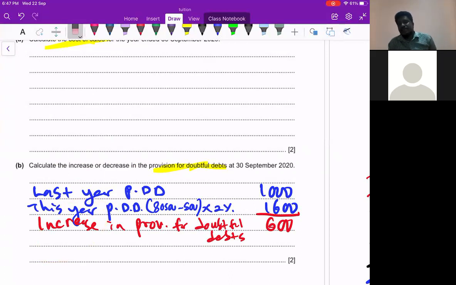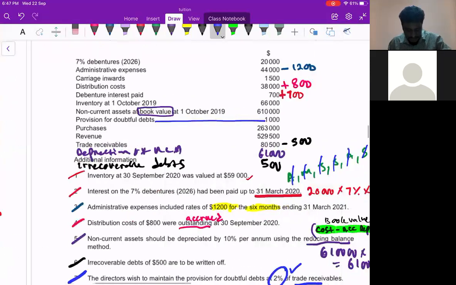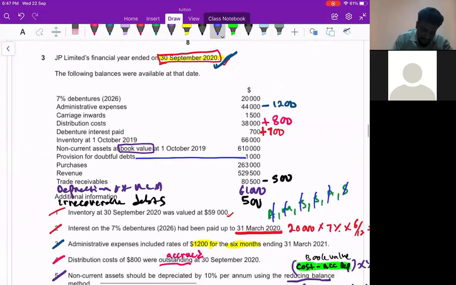Increase in PDD, 600. If there is an increase in PDD, it is your expense. So right here, increase in PDD, how much? 600. If you didn't write here, later you forget. Whenever you do the income statement, you need to include this as expenses. That's why better write here: increase in PDD, later write in expenses.